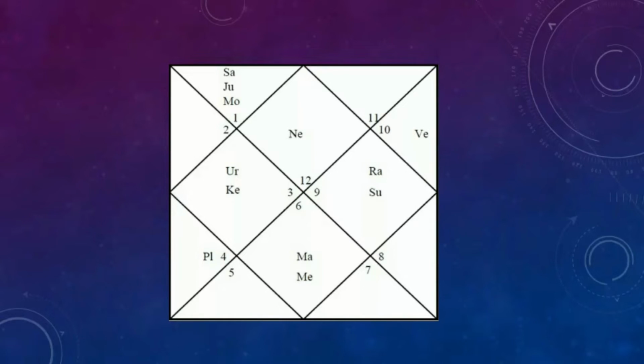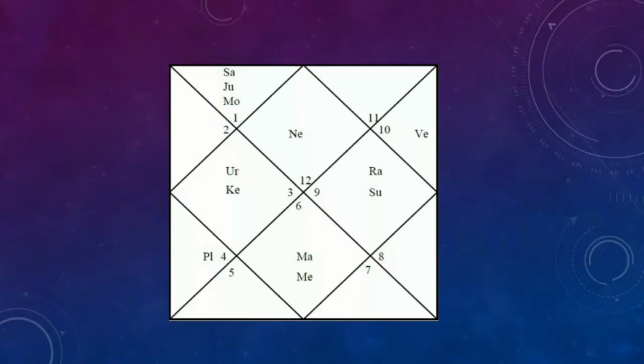And Mars rules the 2nd house in this chart. Look at the 2nd house, and over there Jupiter and Moon are sitting with planet Saturn, which is in Aries, and it is debilitated. So this is also a reason which failed the marriage.